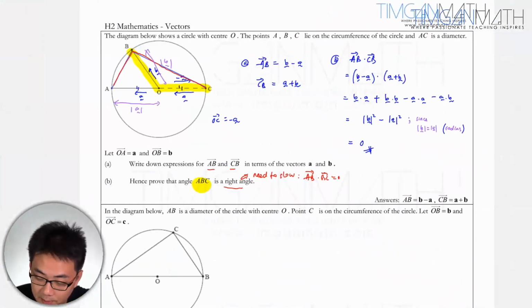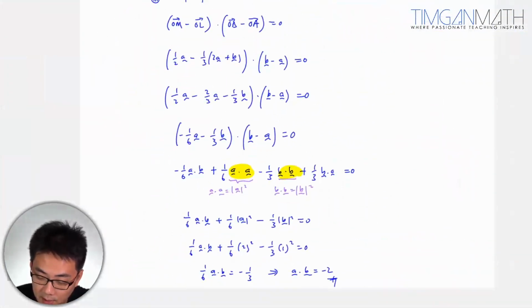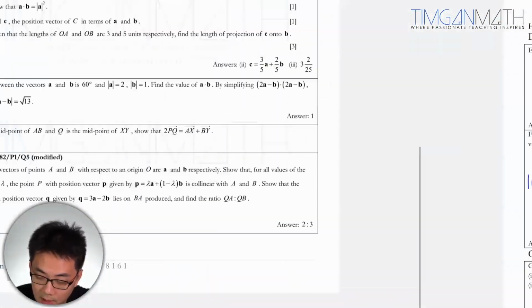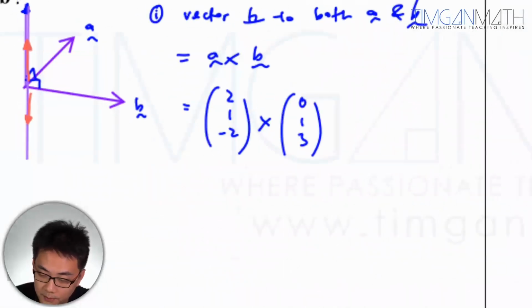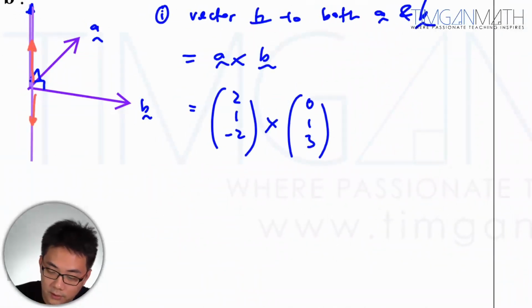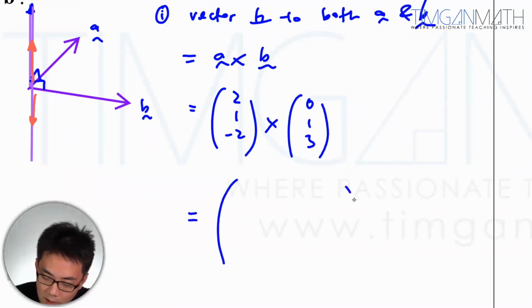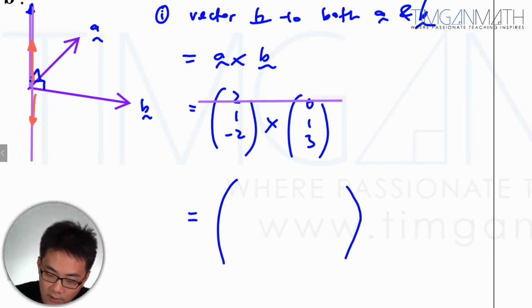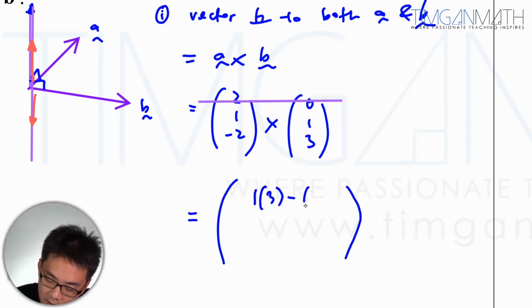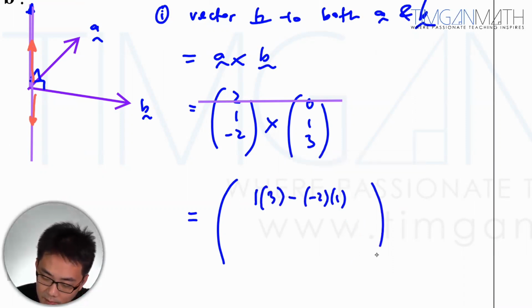So now we're going to do the cross product. To find the first component, you cover up the first one, then 3 times 1, so this is 1 times 3 minus of minus 2 times 1, this times this, like that.